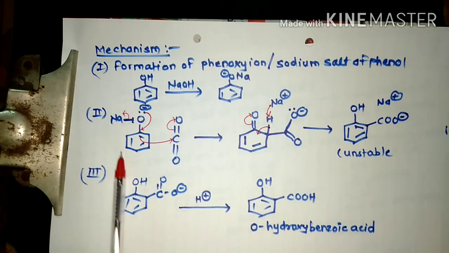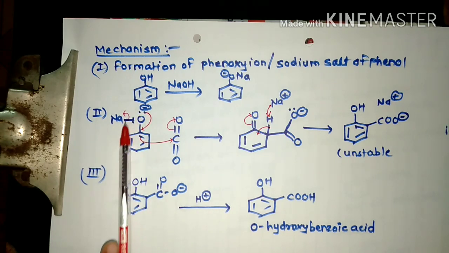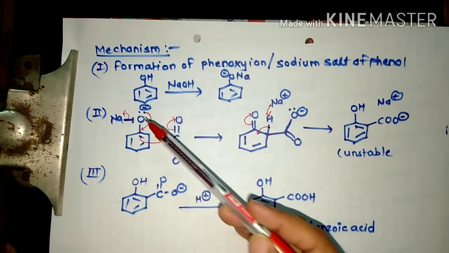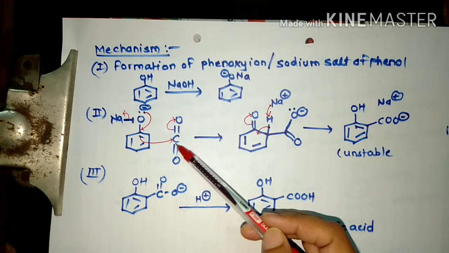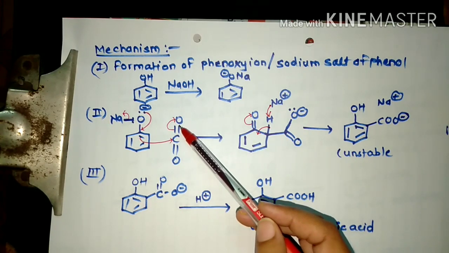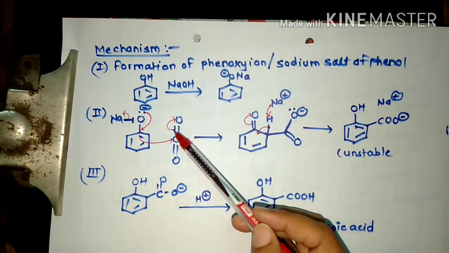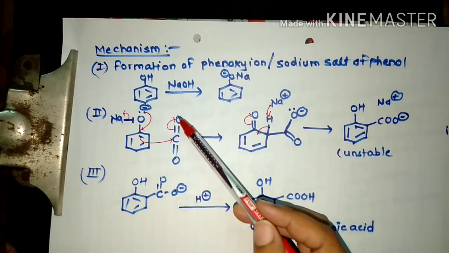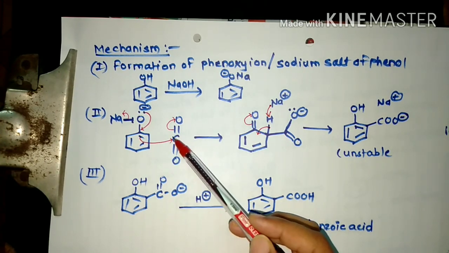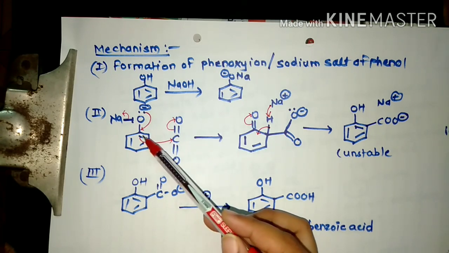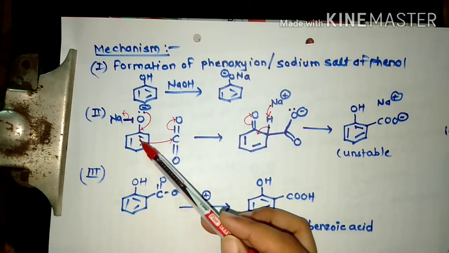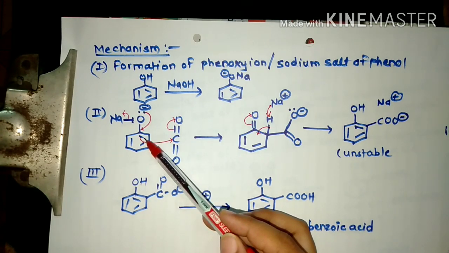The phenoxy group is a main role in this reaction. It is formed by the carbon in between the double bond of carbon and oxygen will get shifted on oxygen. So, it become carbocation. This carbocation is take an electron from this benzene ring.